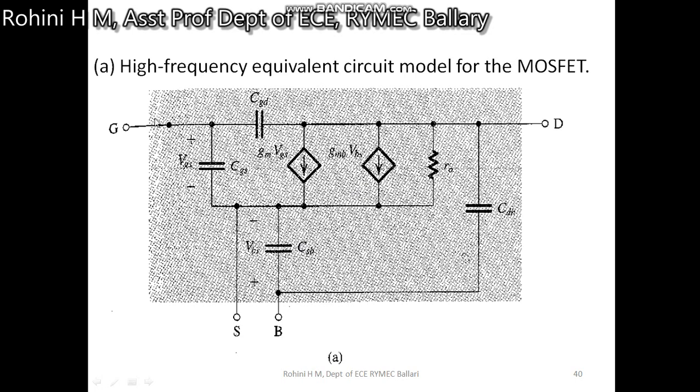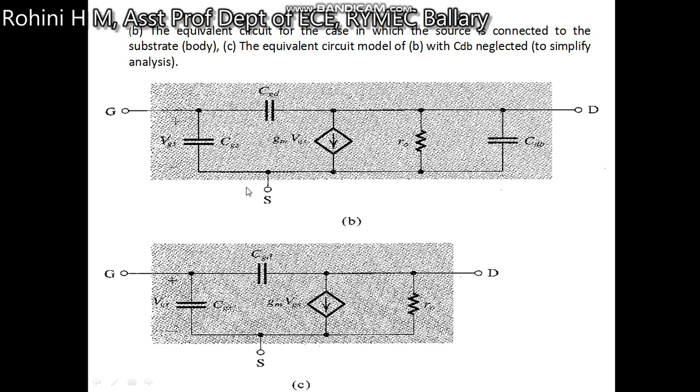So this is a high frequency equivalent circuit model of the same amplifier we have discussed. Gate to drain and gate to source capacitances and the 2 junction capacitances, source to substrate and drain to substrate. B is nothing but the substrate or body. So this is the small signal high frequency equivalent circuit model for the MOSFET. Next is the equivalent circuit for the case in which the source is connected to the substrate.